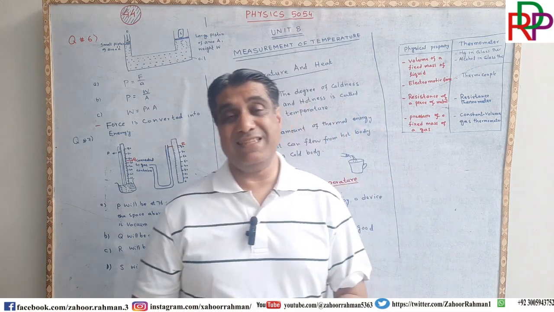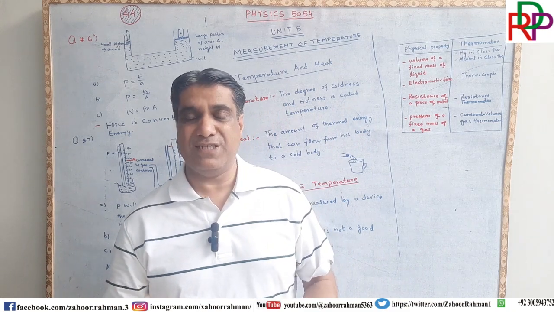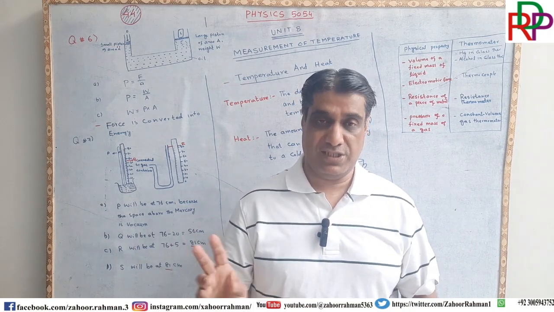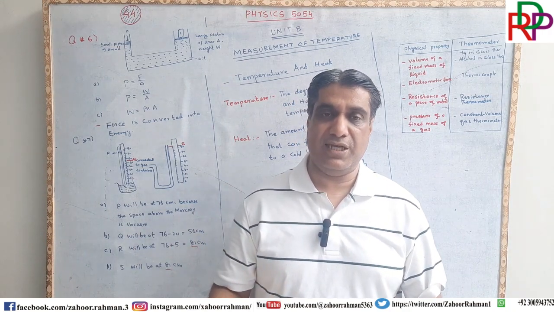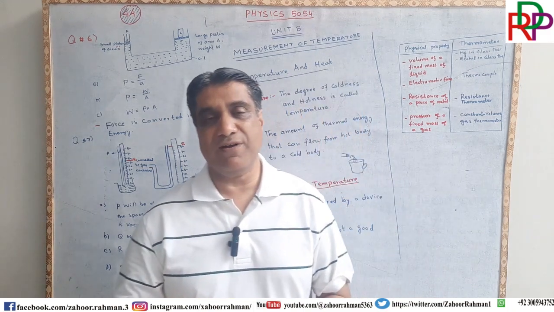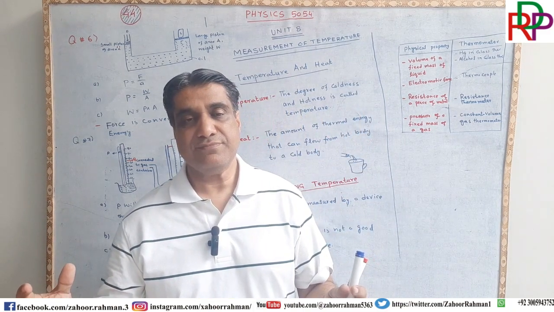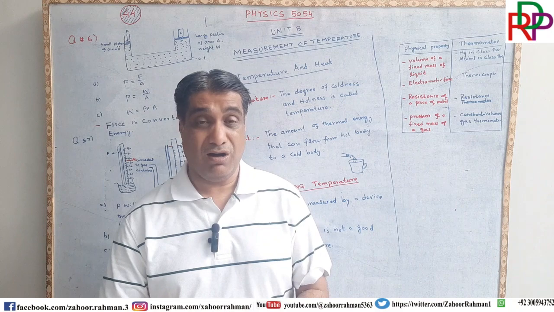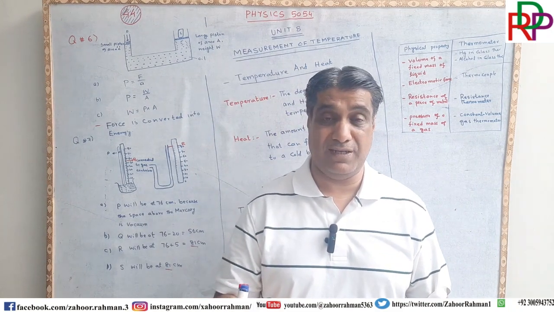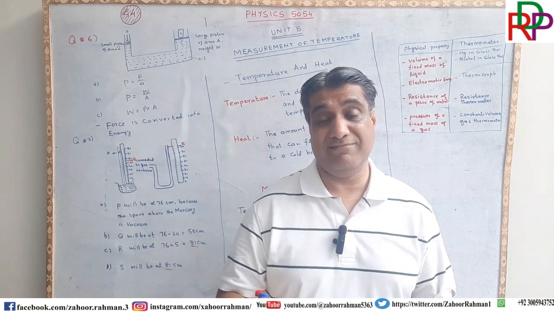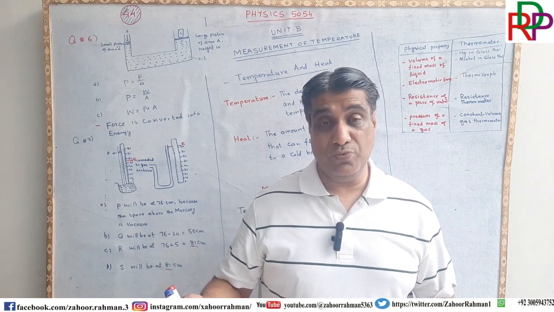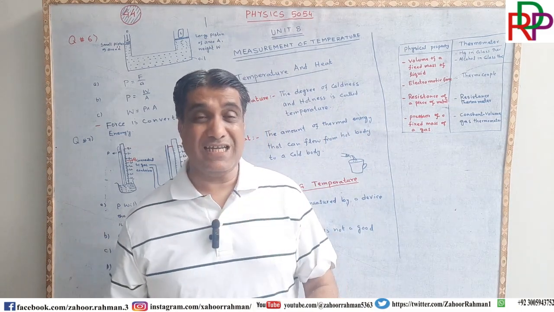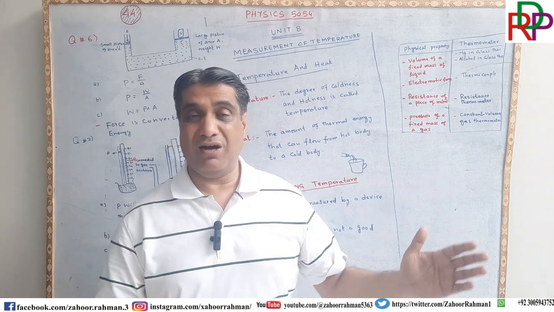But heat is the thermal energy of the body which is flowing from hot body to the cold body. There is a difference. Thermal energy is always flowing from hot body to the cold body. Never will it flow from cold body to the hot body, because heat is a form of energy. Only heat is having the energy to move. Cold doesn't have any energy.